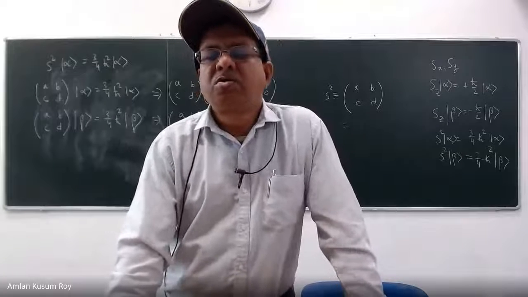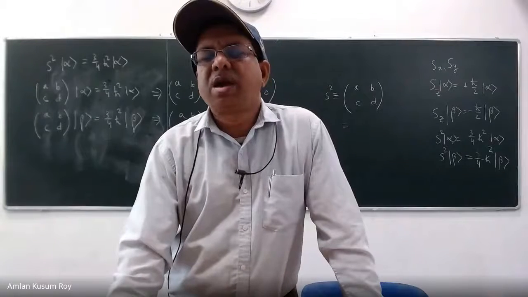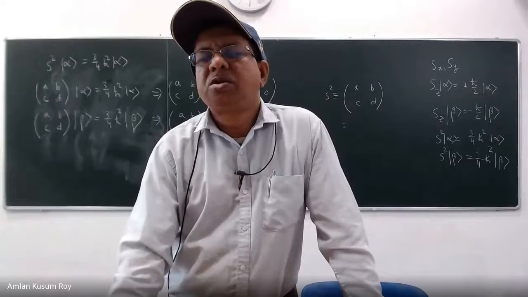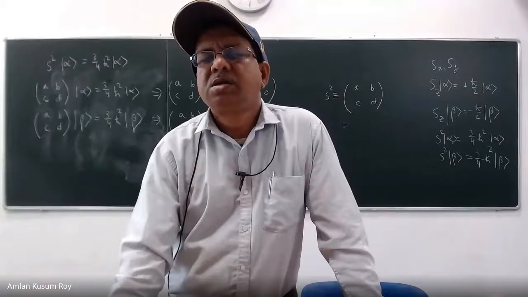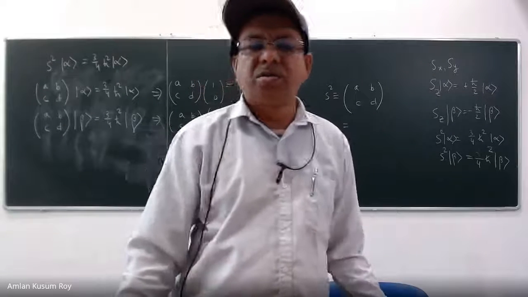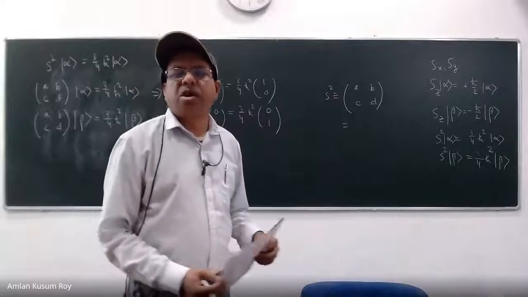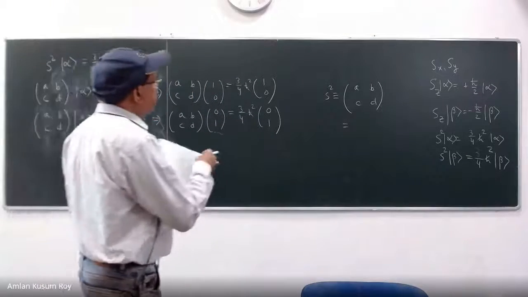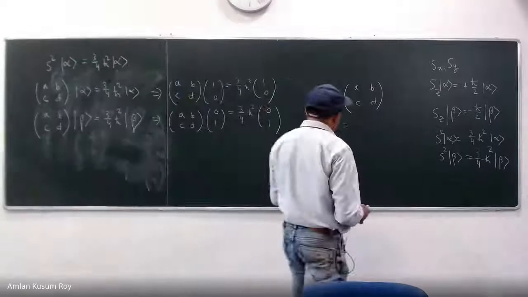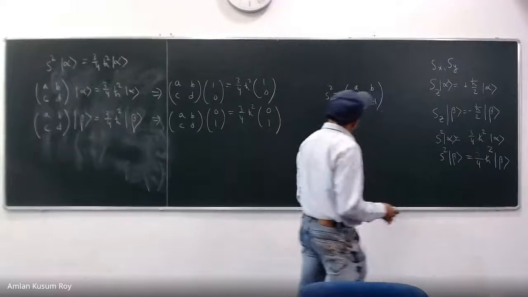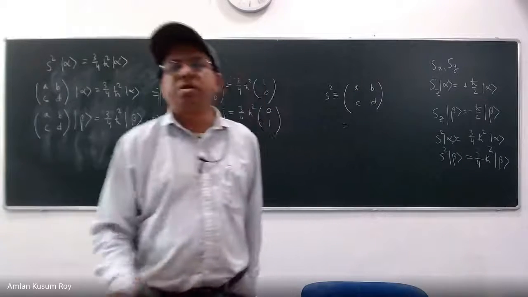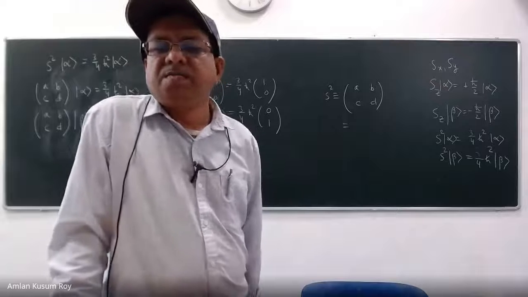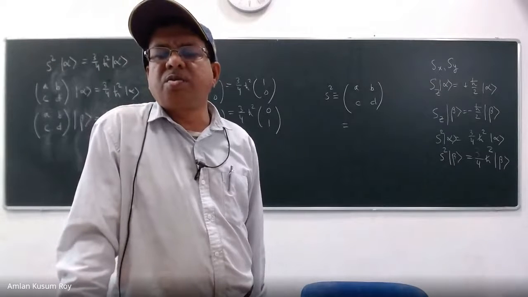Okay, A is equal to 3 by 4 H cross square, B is equal to 3 by 4 H cross square, C is equal to D is equal to 0. Something seems wrong. A, B, C, D, what did you write? A is equal to 3 by 4 H cross square, that's right. B is equal to also 3 by 4 H cross square.